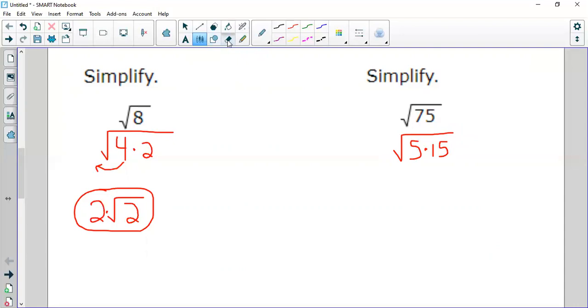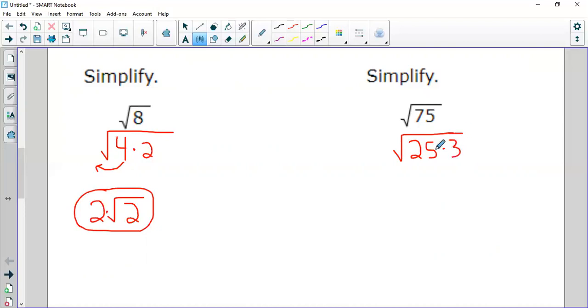So I need to come up with numbers that are perfect squares to go inside this radical so I can remove them. Don't look for numbers that aren't perfect squares necessarily unless you have to. We'll talk about that in a minute. But I know that 75 has a perfect square factor, and that perfect square factor is 25. So 75 is 25 times 3.